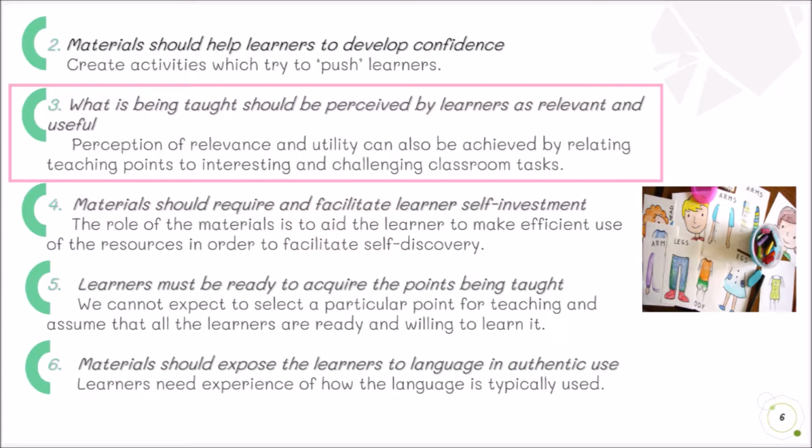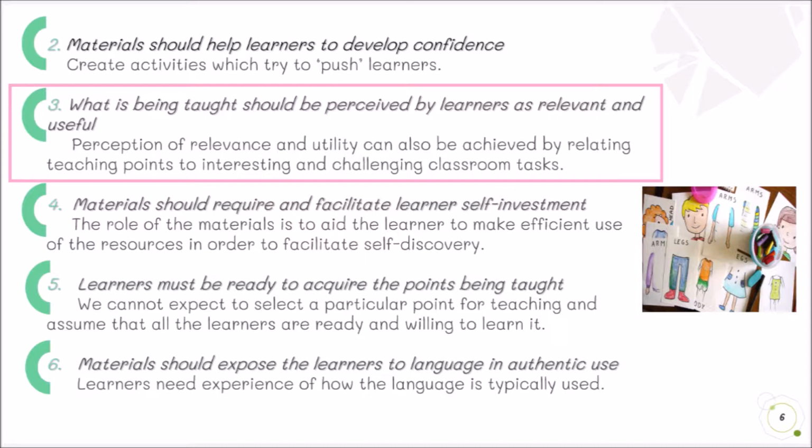Third, what is being taught should be perceived by learners as relevant and useful. Perception of relevance and utility can also be achieved by relating teaching points to interesting and challenging classroom tasks. In order for students to learn better, it is good to describe what their main interest is.